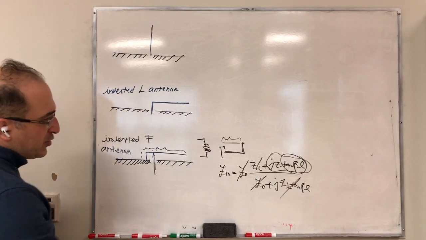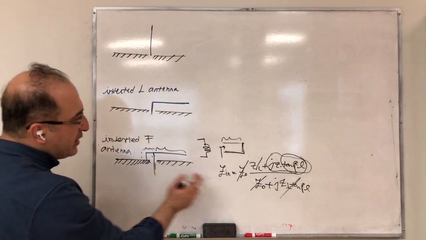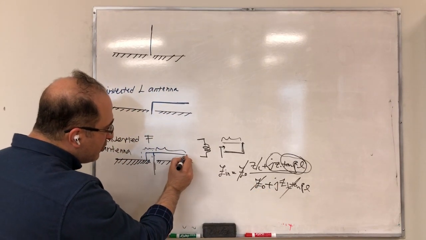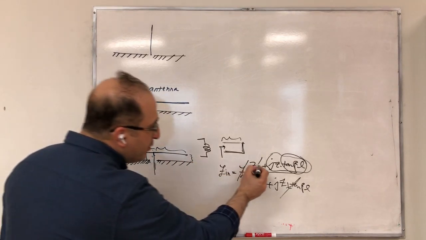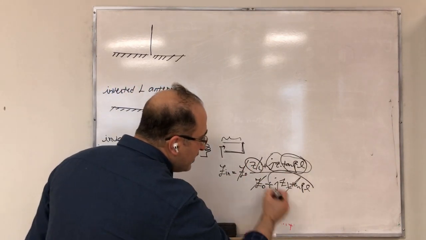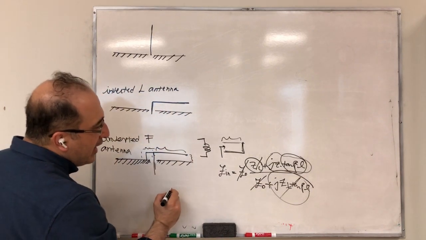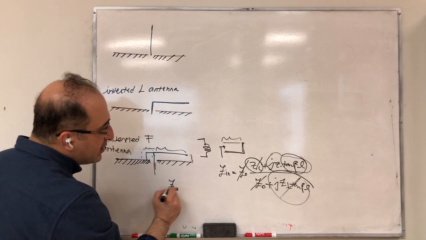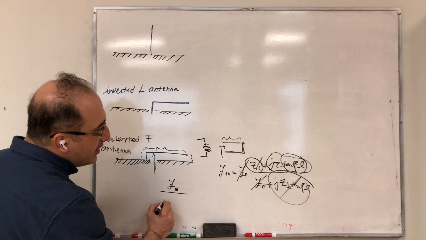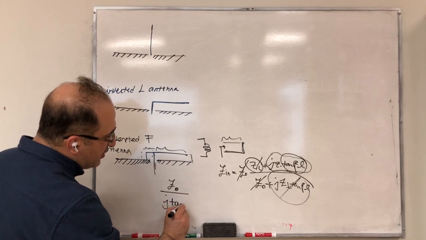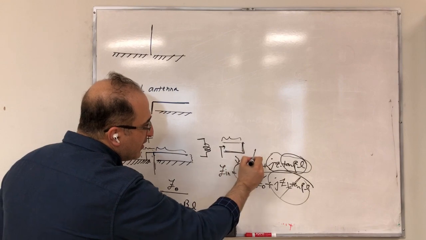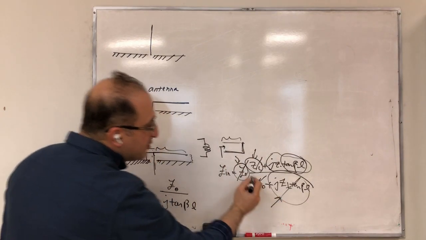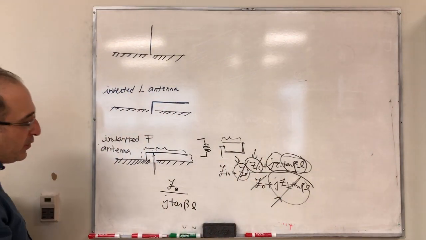I'm going to have a similar situation, but this time ZL, which is this load here, is open circuit, so it's very big. So this is going to be dominant, and you're going to get Z naught divided by j tangent beta L, because your ZL is huge.